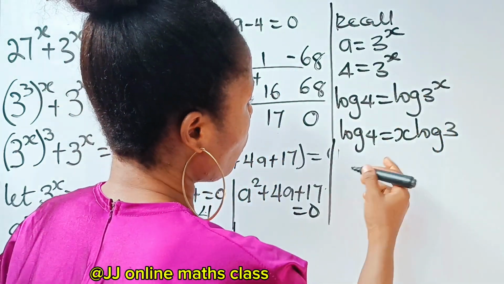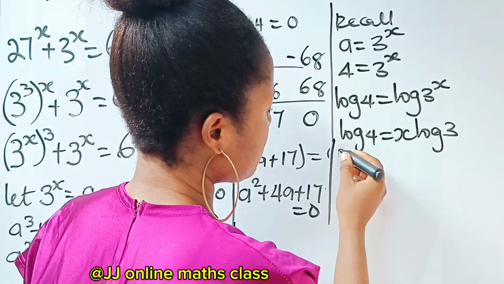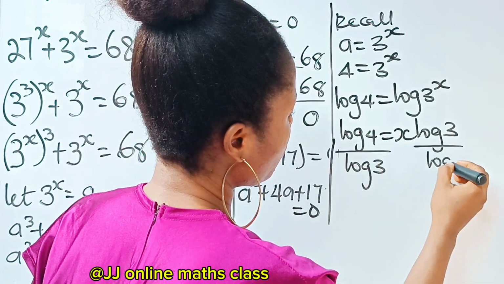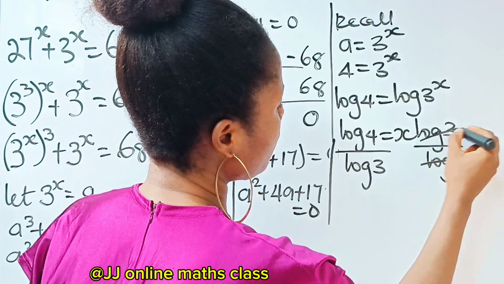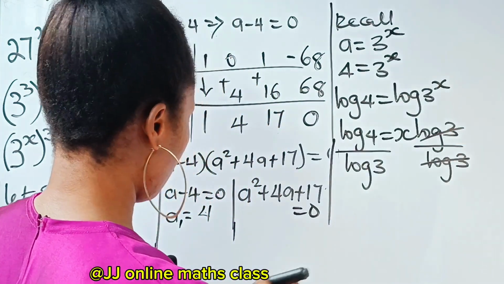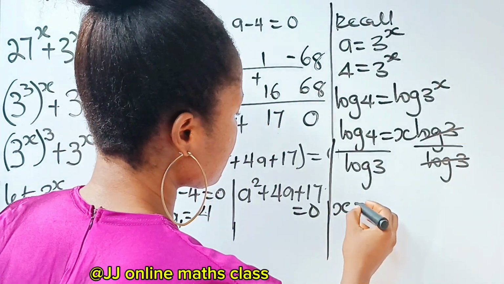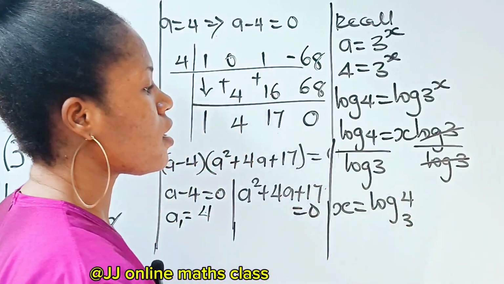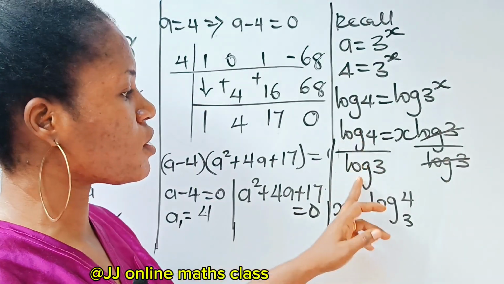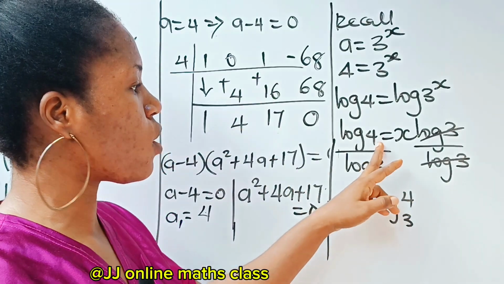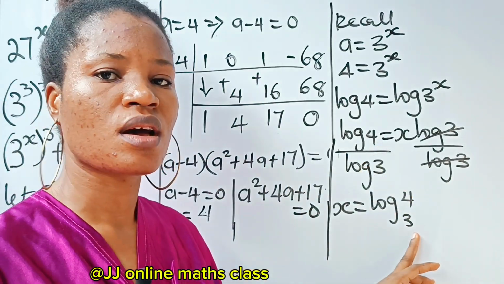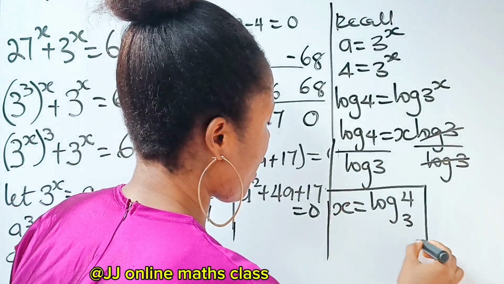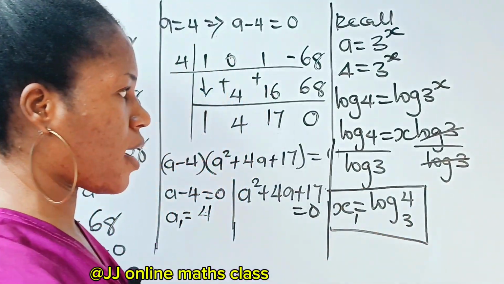Okay, now to get the value of x, let's divide both sides by log 3. Log 3 is going to cancel log 3. So we have that x is equal to log 4 base 3. Yes, when you have log and both of them are in the same base, this becomes your number and this becomes your root, your base. Okay, so this is our x, the first value of our x.